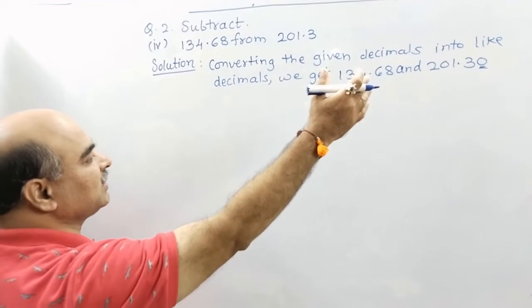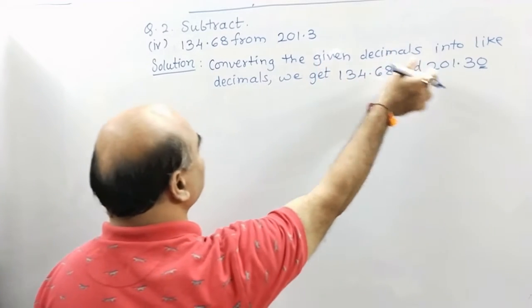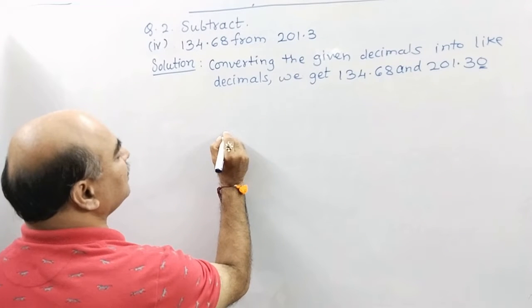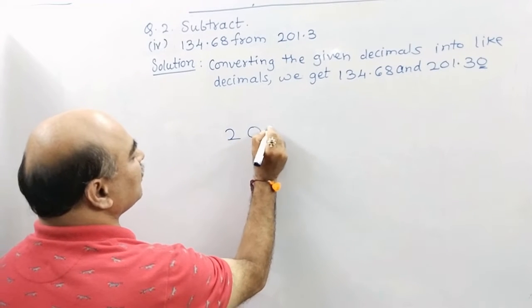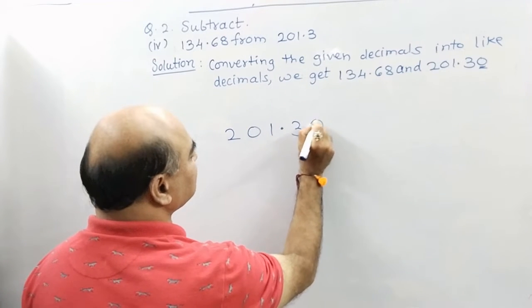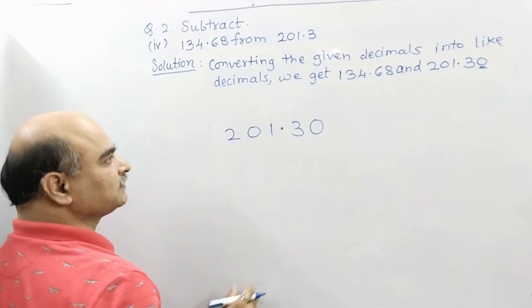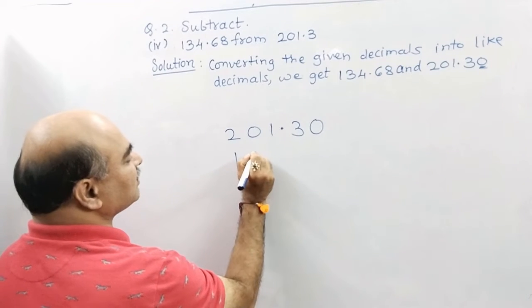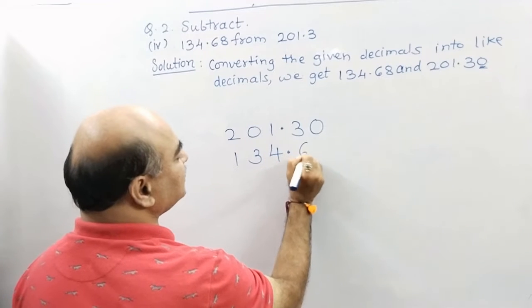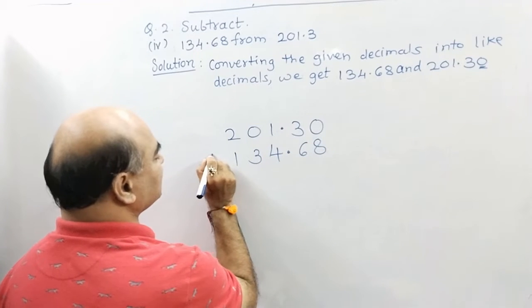For the first number, we have to take the greater number, that is 201.3, converted to two decimal places, 201.30, to make like decimals. And from this number we have to subtract 134.68.